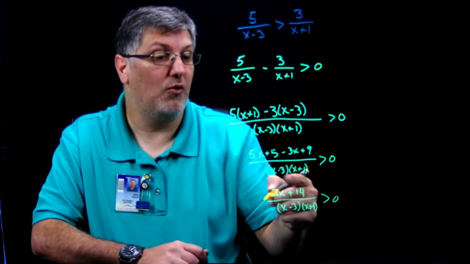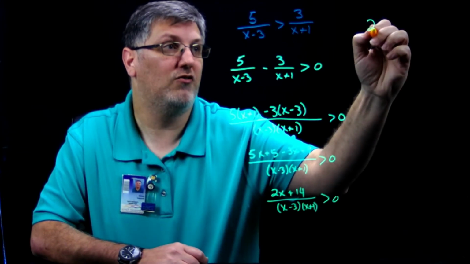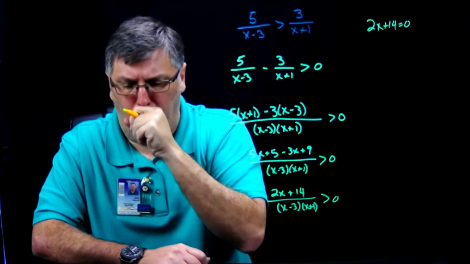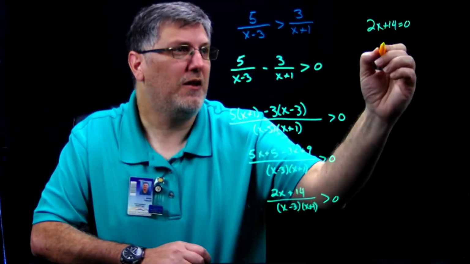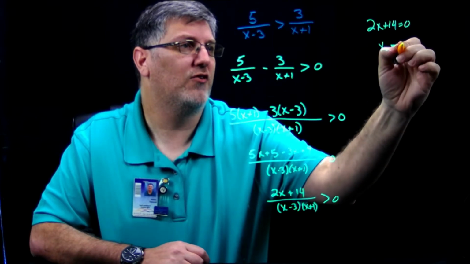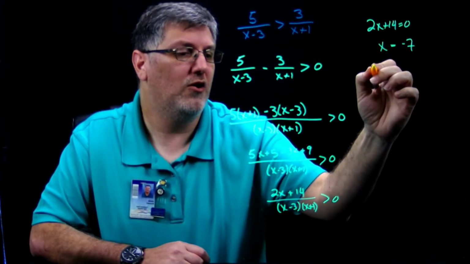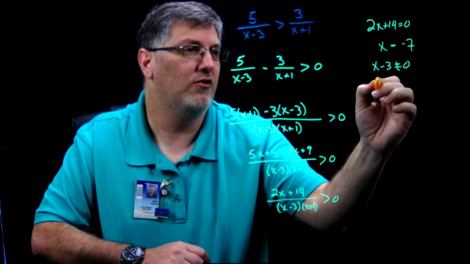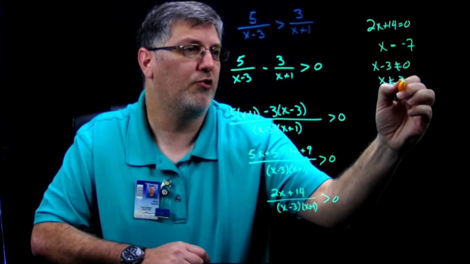Now at this point, go ahead and set everything. We know that 2x plus 14 can equal 0. This means that x will equal negative 14 over 2, so negative 7. We know that x minus 3 cannot equal 0 because it's in the denominator, so x cannot equal 3.